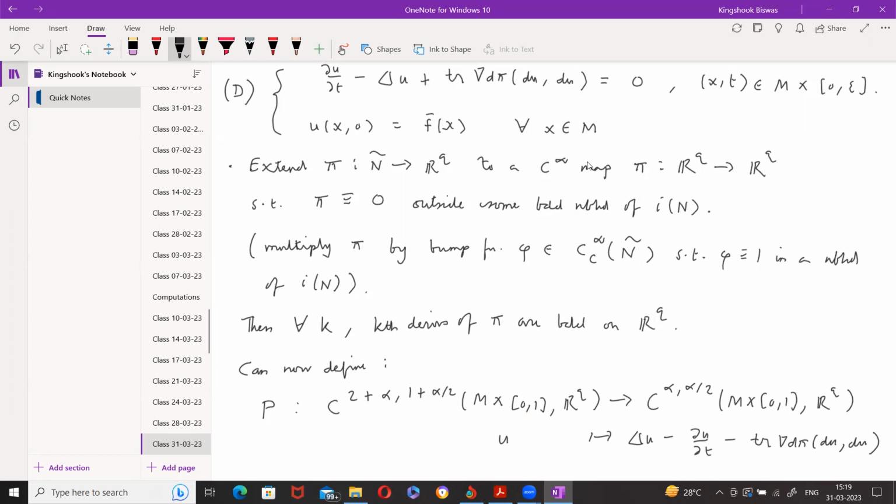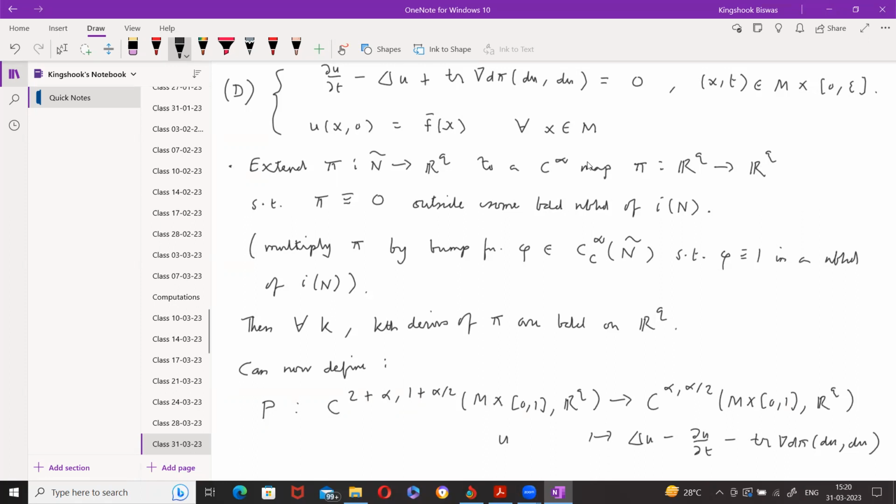Okay, so this Laplacian U is a second derivative of U, and U is in the space C2 plus alpha. So the second derivatives are alpha Holder. That means this Laplacian U in the space variable will be alpha Holder. And then you can check the other terms also belong to the right space.